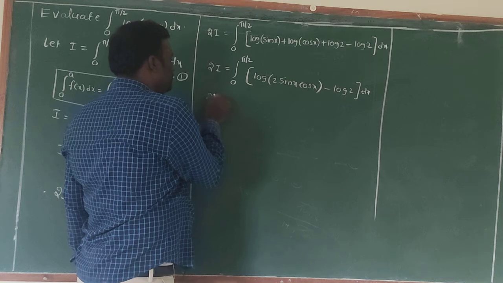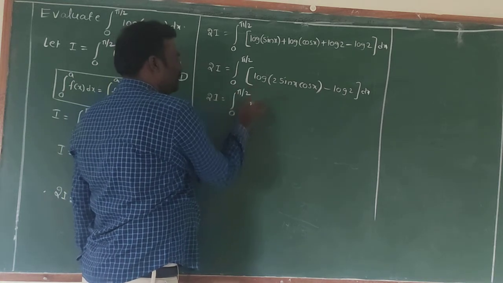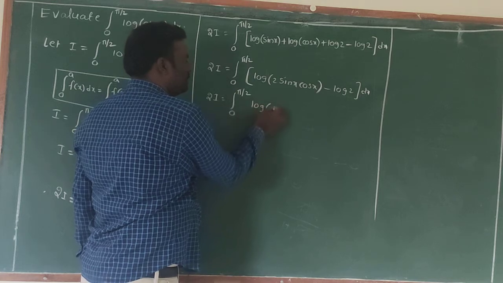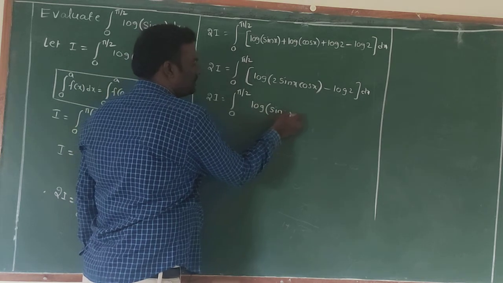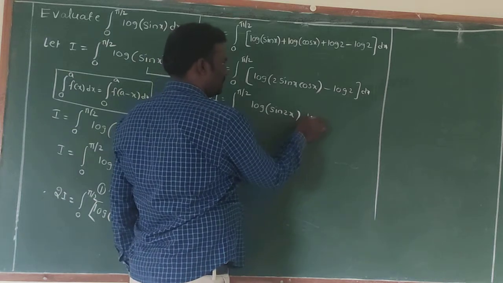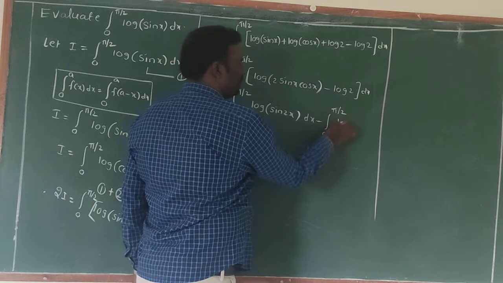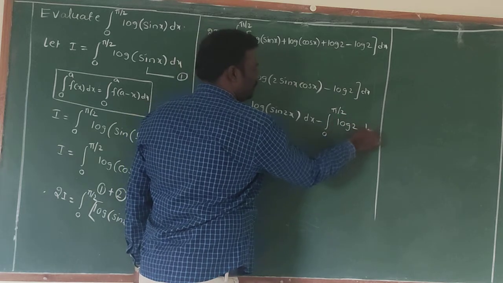Then 2I is equal to integral 0 to pi by 2 of log sin 2x dx minus integral 0 to pi by 2 of log 2 dx.